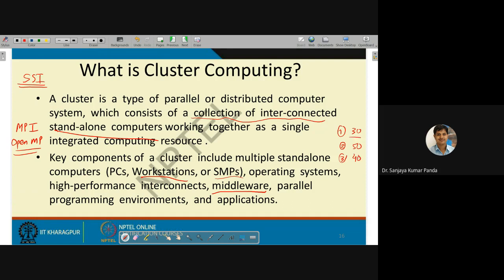Individually they are called homogeneous systems because they have the same configuration, same architecture. But when I put them together, we call that a heterogeneous cluster because the number of systems, number of processors, number of architectures may be different. That's why there may be 3 different clusters. If I want to connect these 3 clusters, then overall I can call them a heterogeneous cluster.